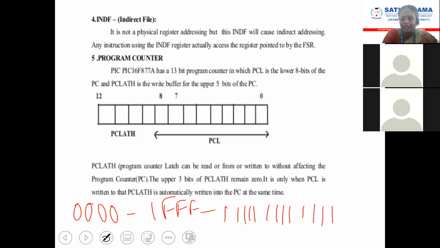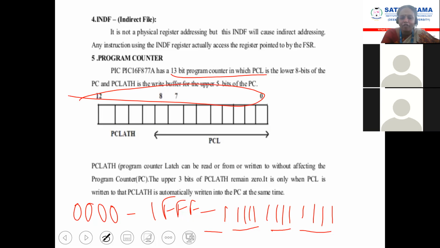So when you take this, 4, 8, 12 and 13. So how many bits are there? 13 bits are there, because it's a 13-bit counter. Understand, program counter will always hold the address of the next instruction. So the program counter's maximum length is 13-bit, that is, from bit 0 to 12.